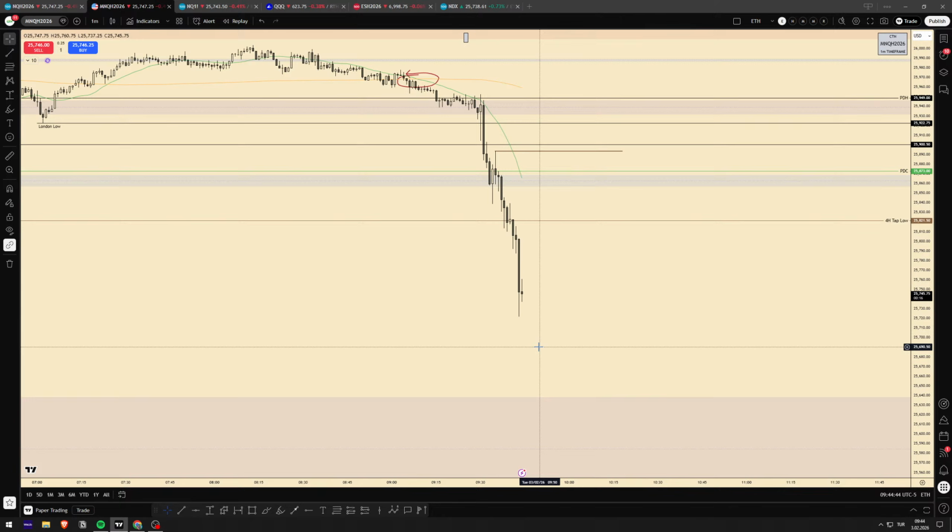Because when the price of Nasdaq and ES is diverging too much, it gets more difficult to understand where price is actually going.